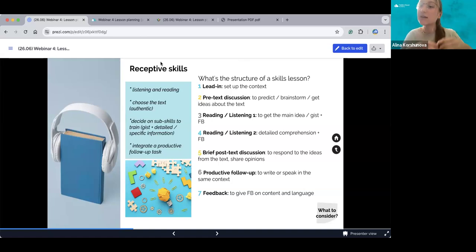So whenever you have that, think what productive follow-up task you can give to your students. What will they do in order to give their personal response to the text? That's actually what we do in real life. We read something and then we either retell it to someone else or we discuss the book with our friends. So think what might be a good, real-life task for students to do after reading or after listening to this or that video, especially when we watch a movie.